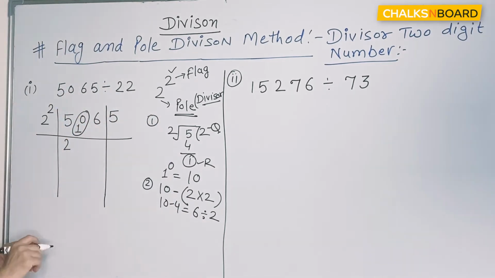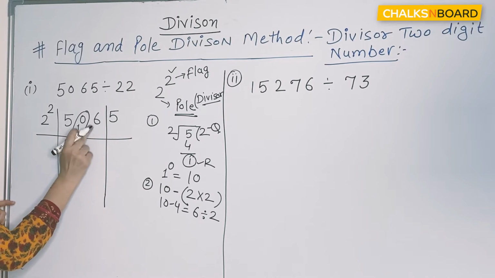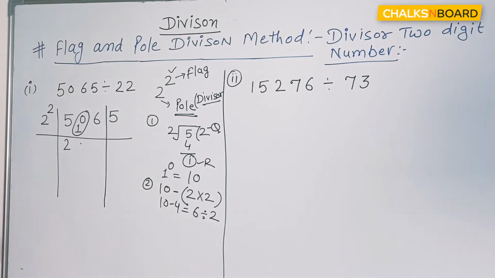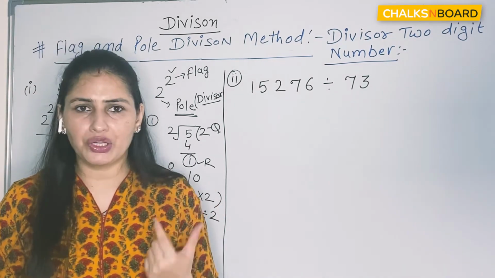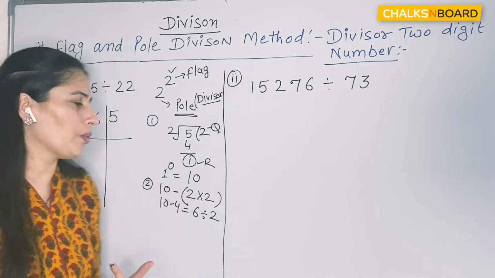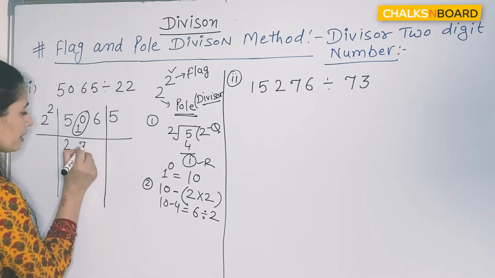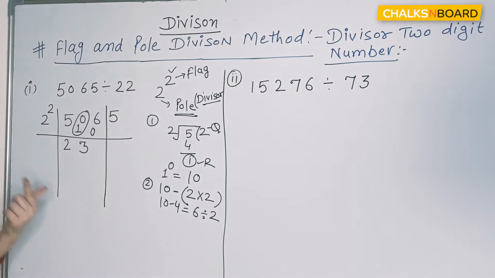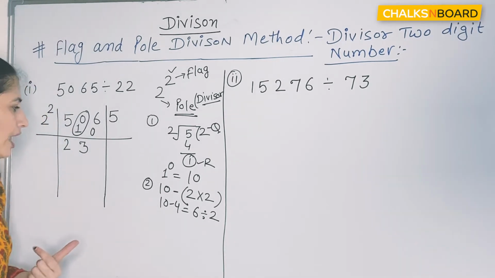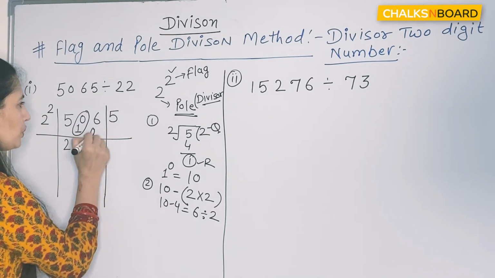And there also you have to put the quotient here and the remainder before the next digit. When we divide 6 by 2, we get 3 as our quotient and the remainder is 0. So here you have to write 3, which is our quotient, and the remainder is 0, which you have to write before the next digit. Now the next number is the same, that is 06.